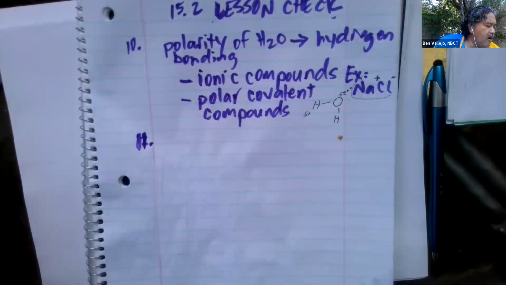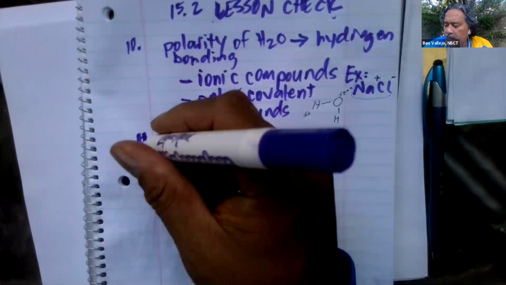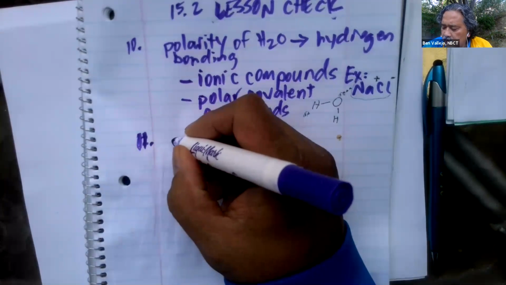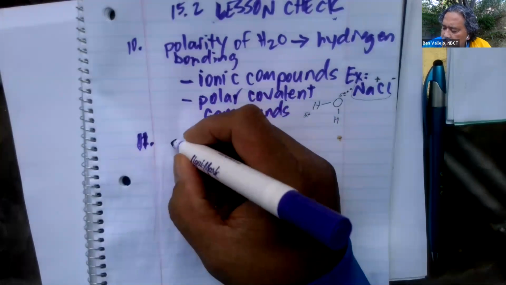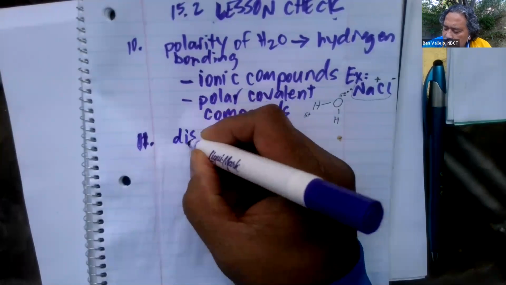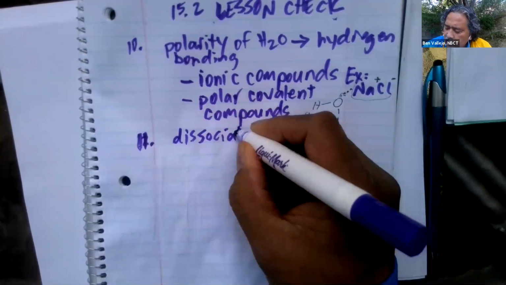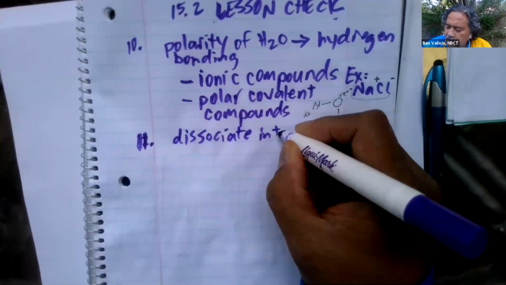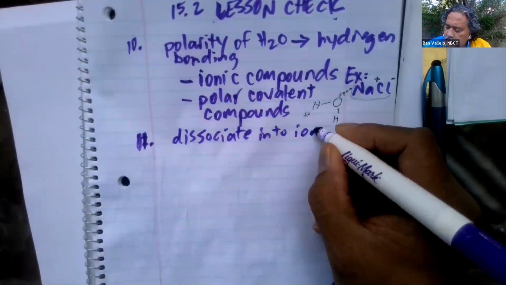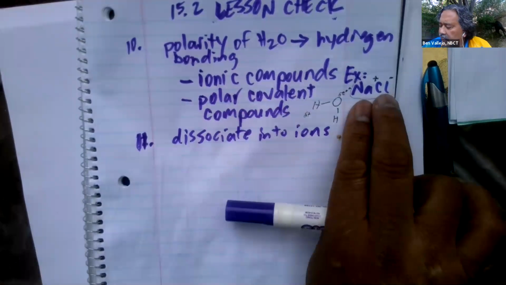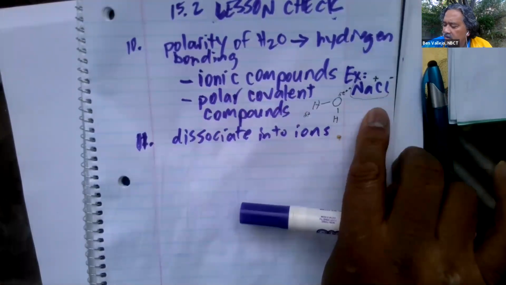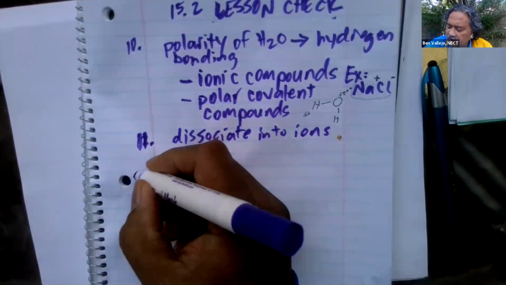Well, what property is that they will break up in water, and in chemistry we say that they will break up or dissociate into their respective ions. So that is number 11. All ionic compounds will break up just like this one did right there, dissociate into ions for number 11.